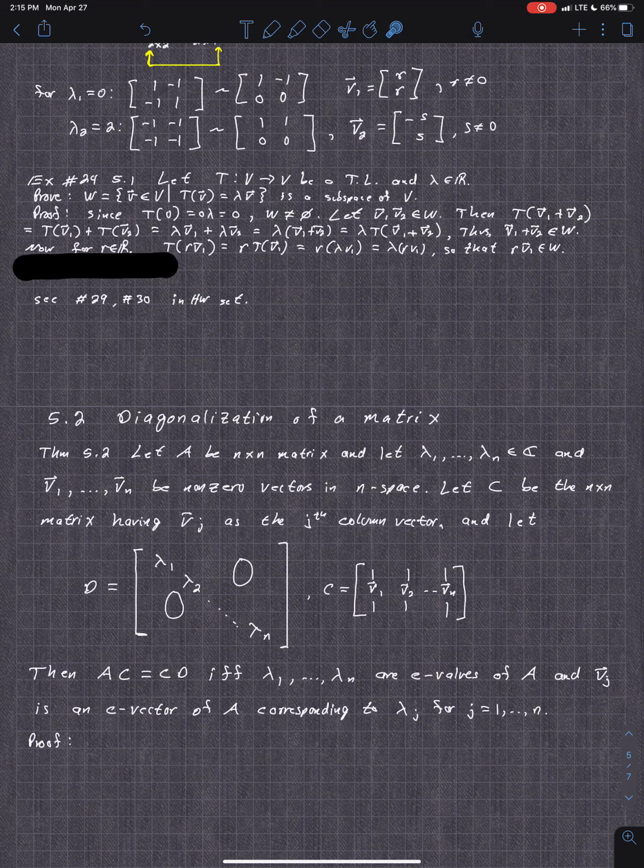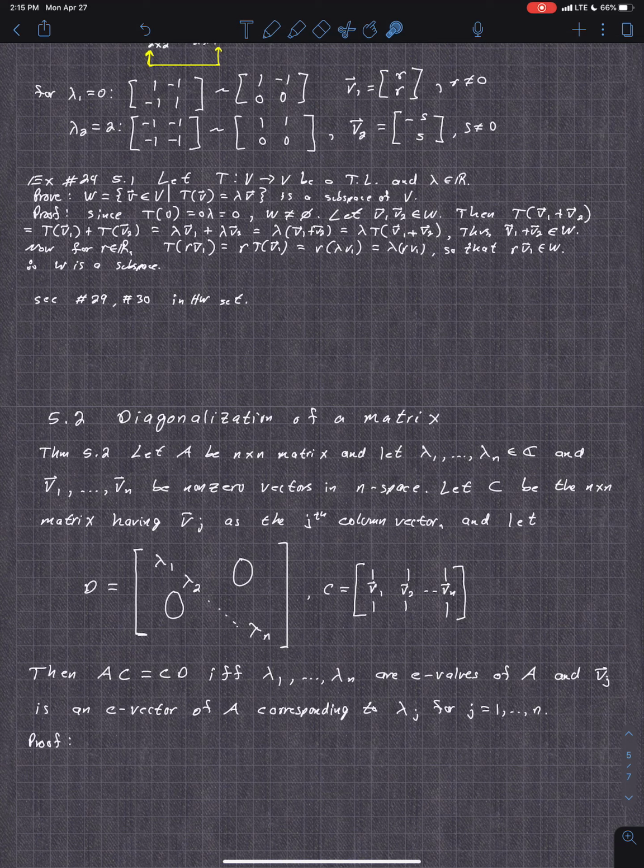Now you have to show closure for scalar multiplication. Let r be in R, and then you show this product, basically you can just commute that. That is still another vector. So rV1 behaves just like this, where you get lambda times rV1, and so it's in here.